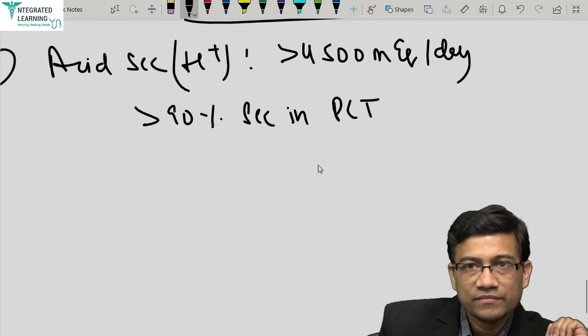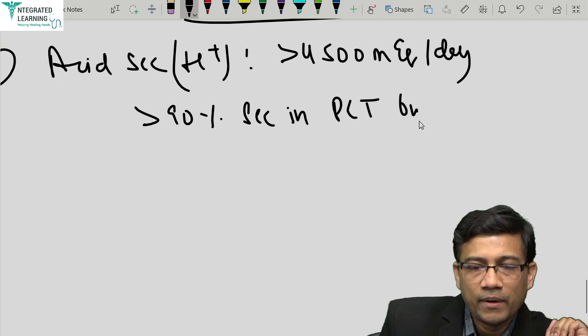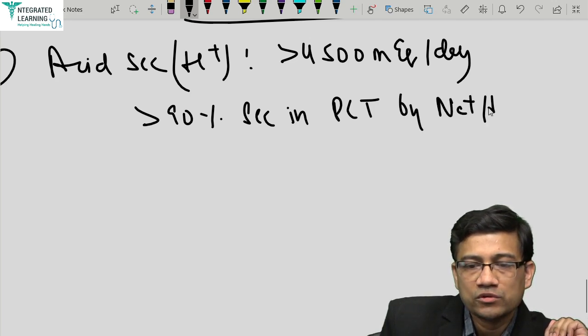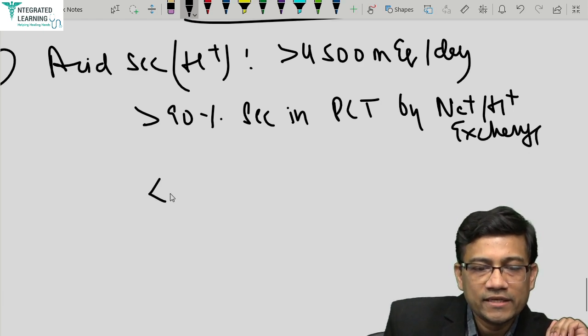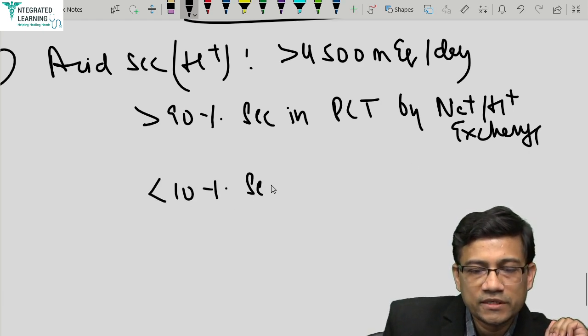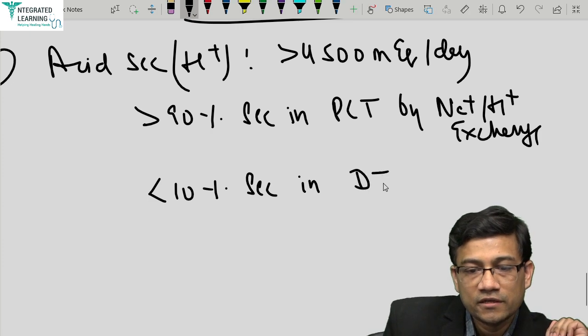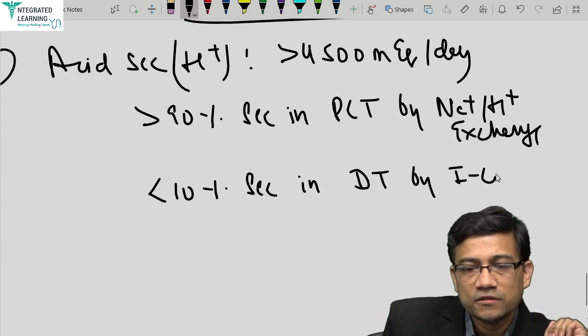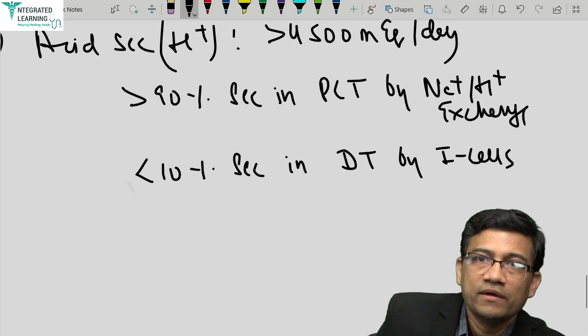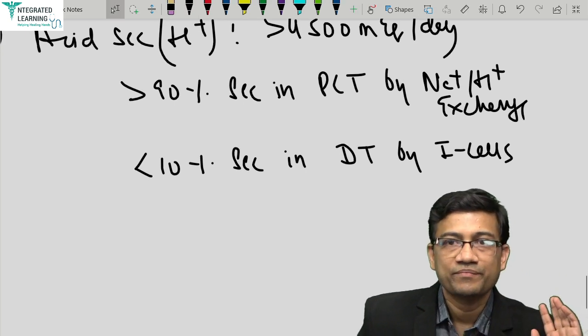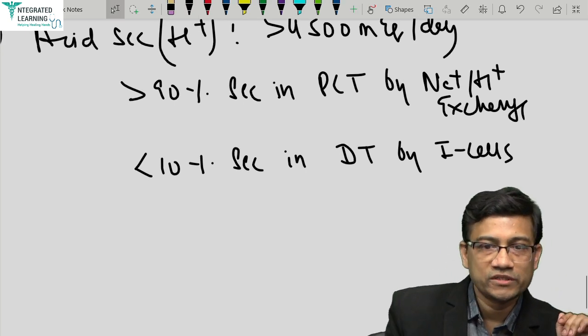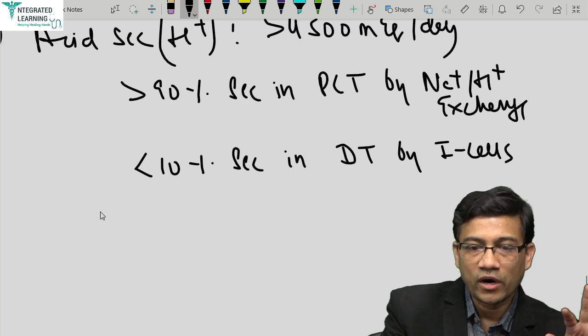In the PCT, by sodium hydrogen exchange, and less than 10% is secreted in the DT, mainly by I cells, by proton pump. So that is what we have discussed already: acidification, no acidification, RTAs, RTA 2, RTA 1, we discussed all.